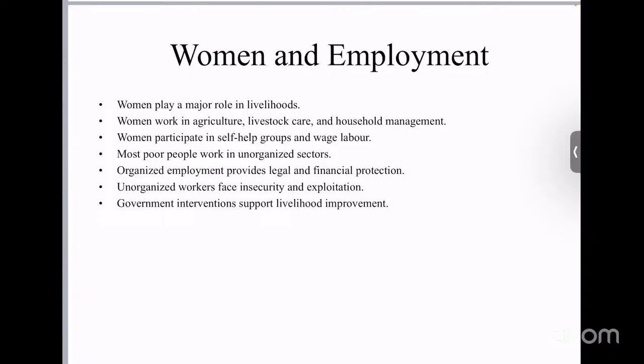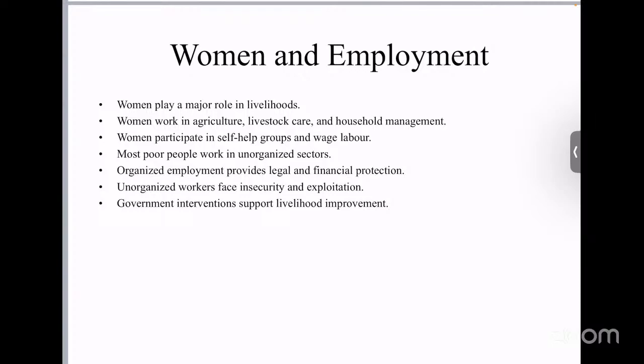The livelihoods landscape in India continues to change rapidly because of globalization, technology, climate change, and economic reforms. Therefore, development strategies must focus on sustainability, inclusion, skill development, environmental protection, and equal opportunities for all communities.